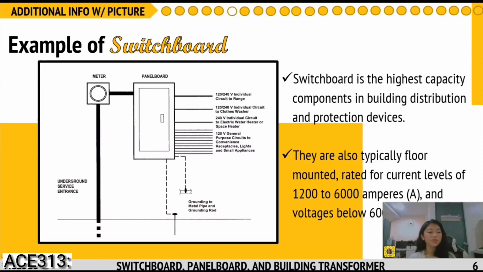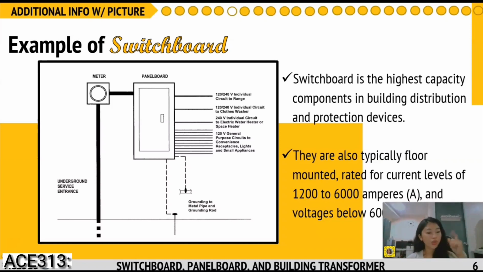Okay? Always remember that. Again, let me summarize the definition of the switchboard. A switchboard divides the large electrical current into a smaller electrical current. It is also the highest capacity component in the building distribution and protection devices.